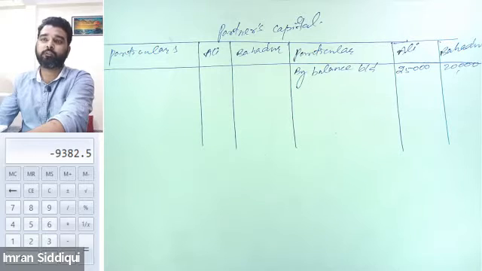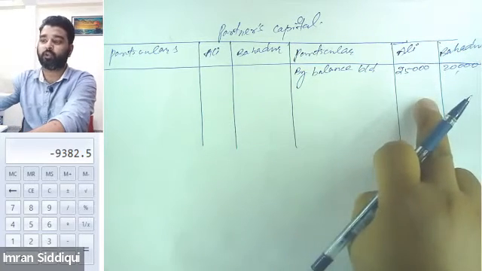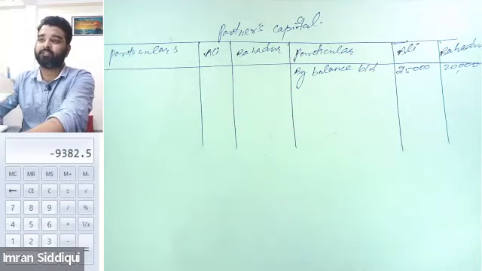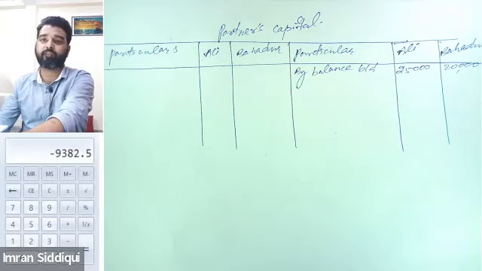Now see, in the question there is no other transaction that we can record under the partner's capital account. There is no addition made by the partner in their capital, so we cannot write anything on the credit side. Also, it is not mentioned in the question that drawing has been made out of capital.